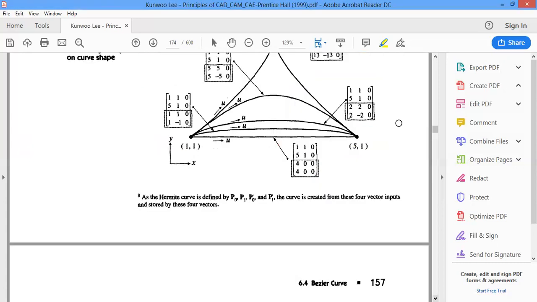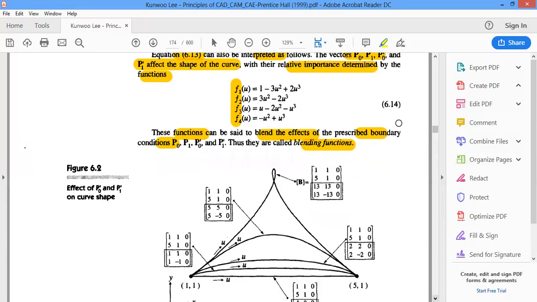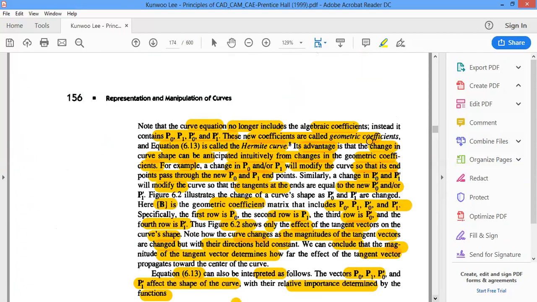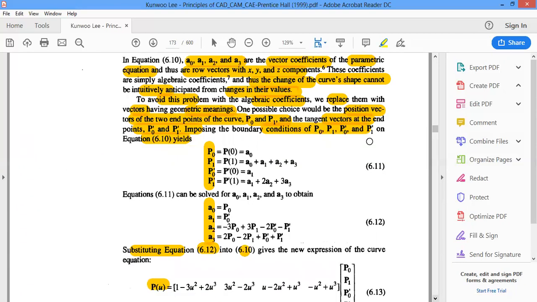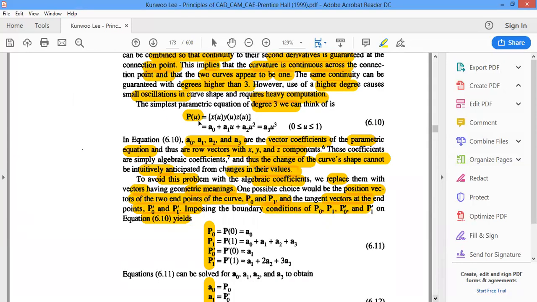So this is about the Hermite curve, where this equation will have the curve in the form of u, x, y, and z directions, which is necessary, right?